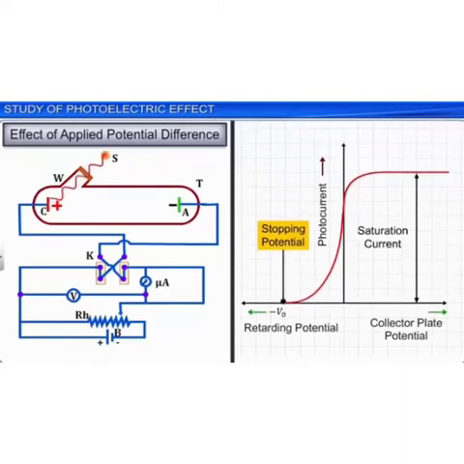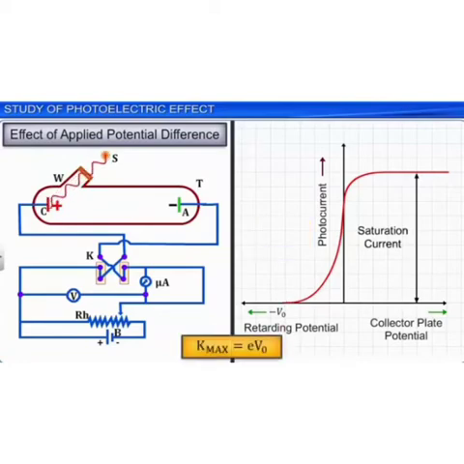The photoelectric current becomes zero when the retarding potential is strong enough to repel the photoelectrons with the maximum kinetic energy. The maximum kinetic energy of the photoelectrons is equal to eV0.